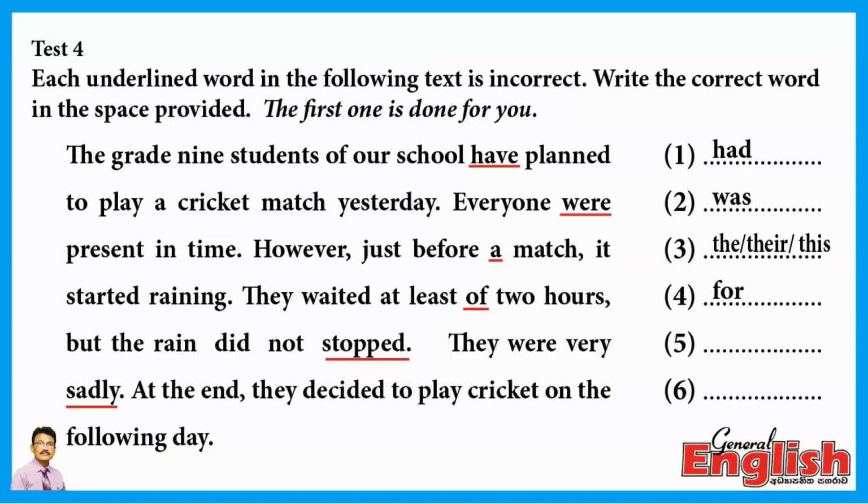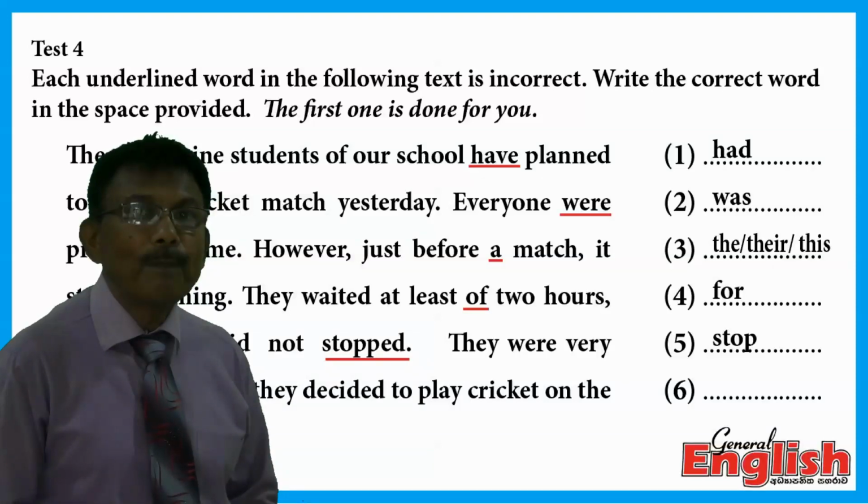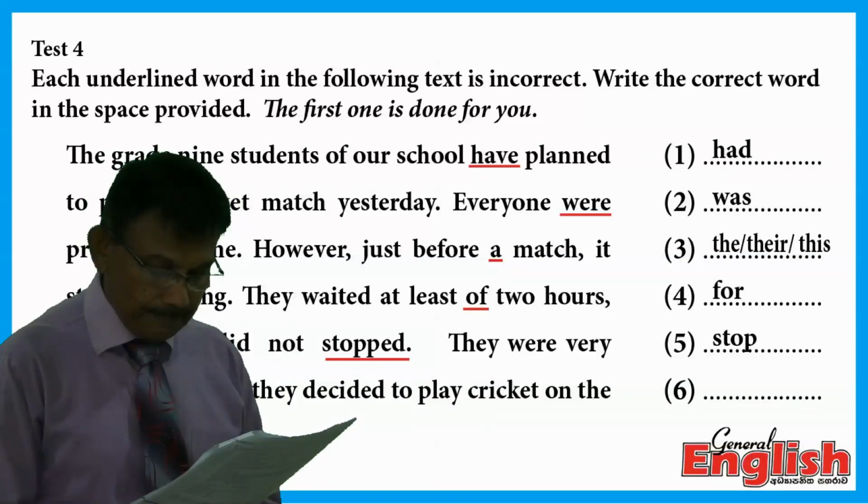We always use the base form, first form of the verb with those auxiliary verbs. Don't stop, doesn't stop, didn't stop. So, this must be did not stop, S-T-O-P, not stopped.